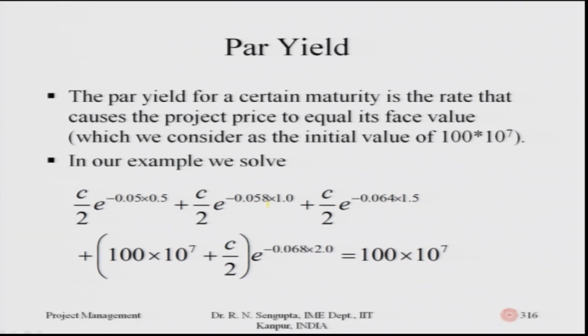And if you see the calculation, the first term is based on the fact that C is the par yield, and then you find out the present value of that money. Hence, it is multiplied by e to the power minus the rate, and then this term. Then if you want to find out the present value of the money for the amount of payment which is happening after 1 year, this is the second term which I am now highlighting.